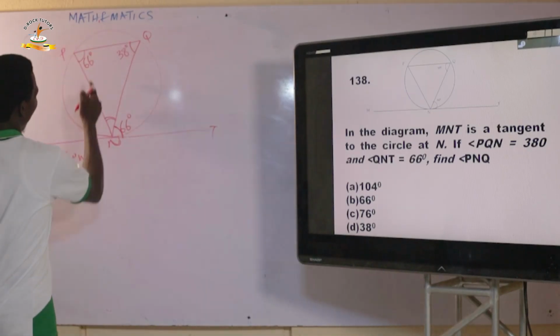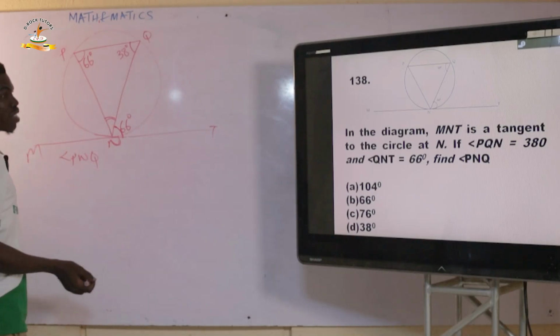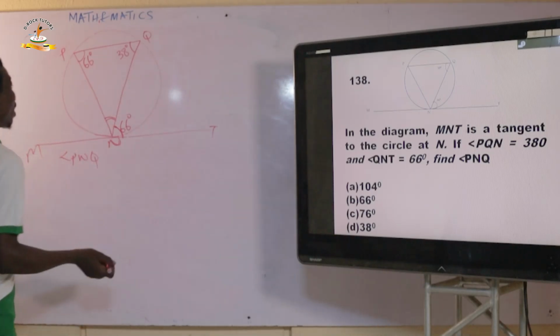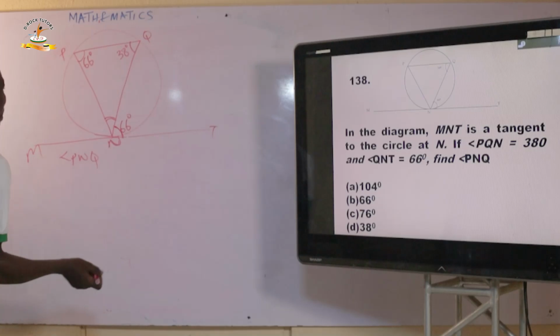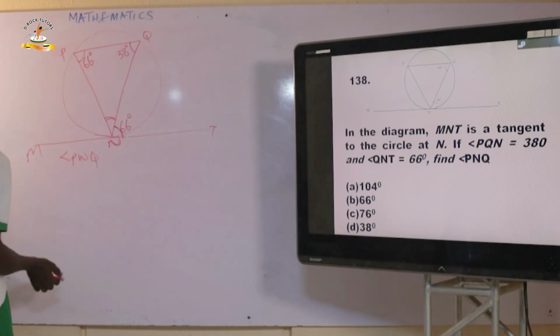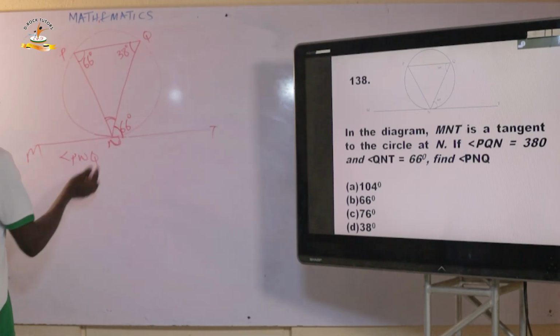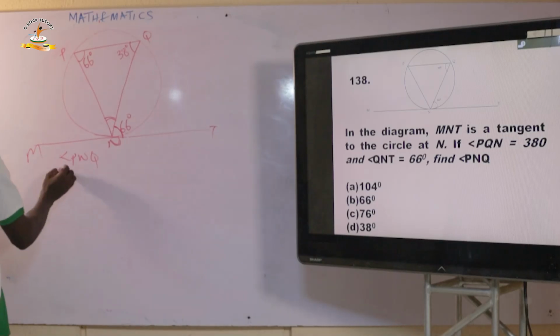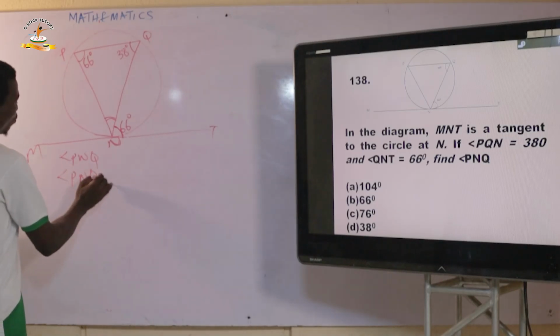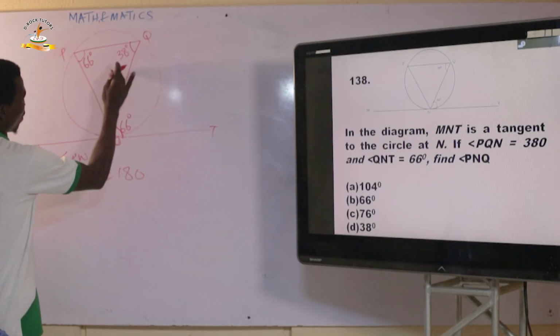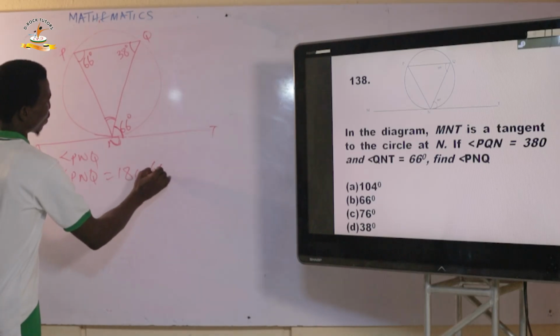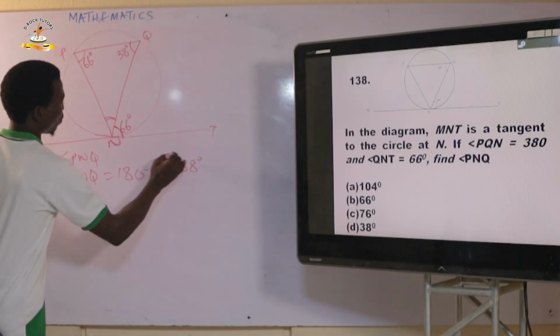And with this, I know the angles in a triangle sum to 180. So since angles in a triangle are 180, then my angle PNQ will be 180 minus the remaining two, 66 plus 38 degrees.